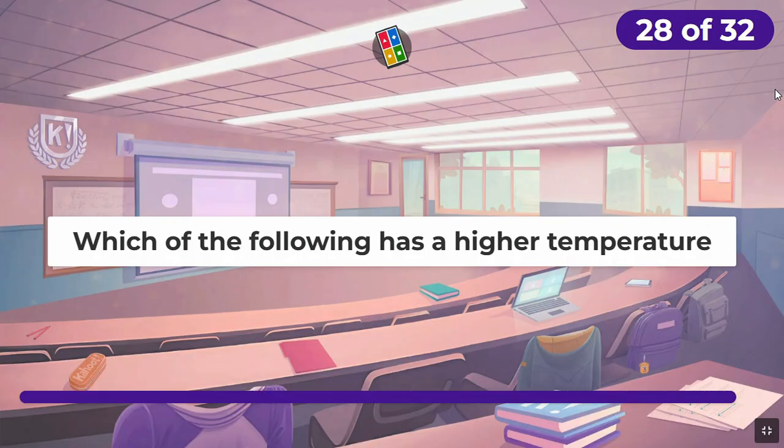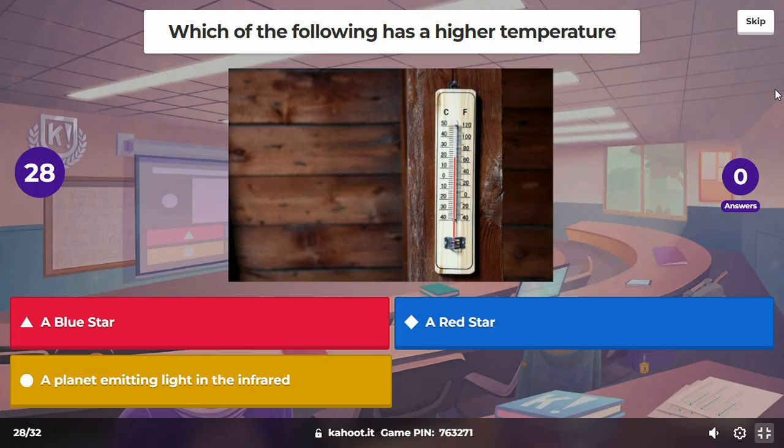So which of these has a higher temperature?